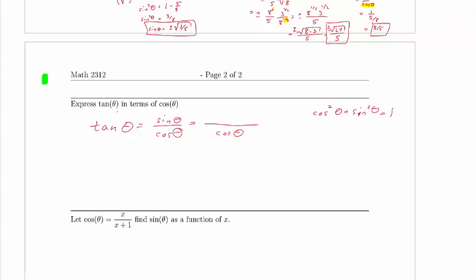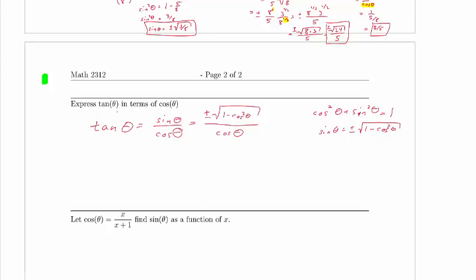So you solve it for sine theta, and you will end up with sine theta equals positive or negative square root of 1 minus cosine squared theta. And so you put this in here, positive or negative square root of 1 minus cosine squared theta.